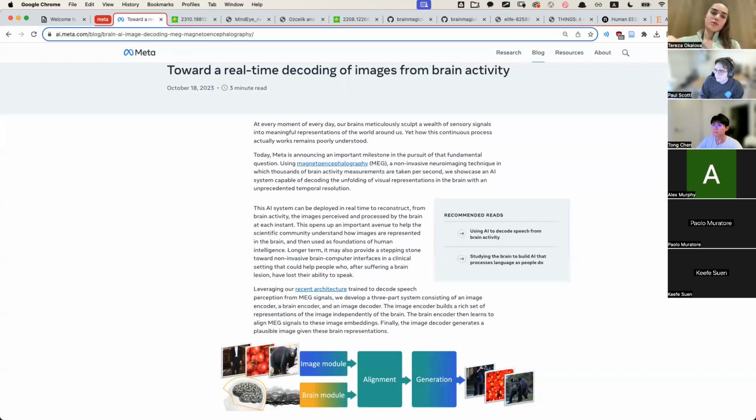So for example, if we were to distinguish between the dorsal and ventral pathway, or even more specifically look at regions like the parahippocampal place area or the entorhinal cortex, which is somewhat in alignment with hippocampal research.